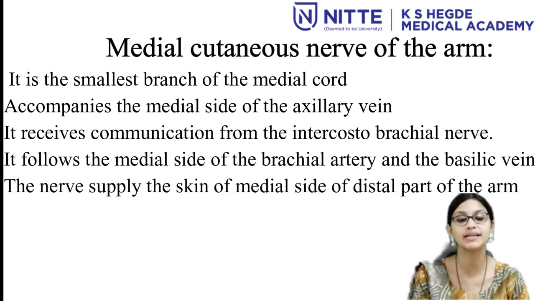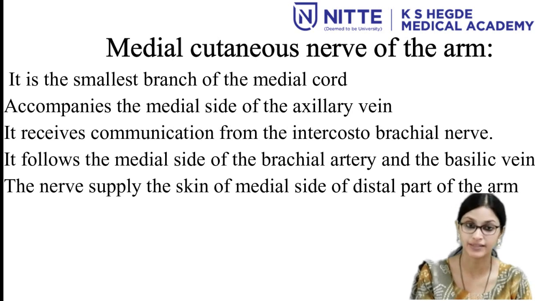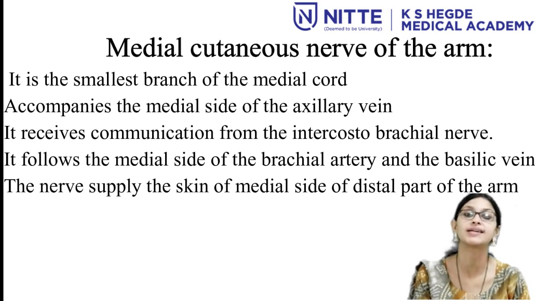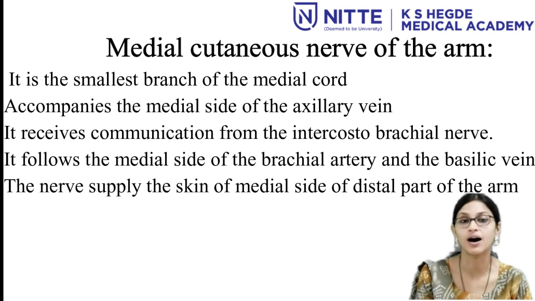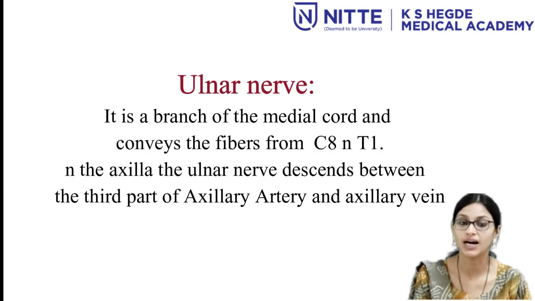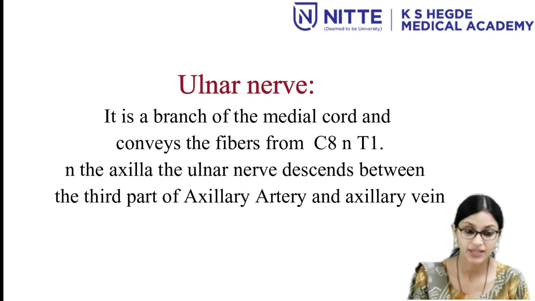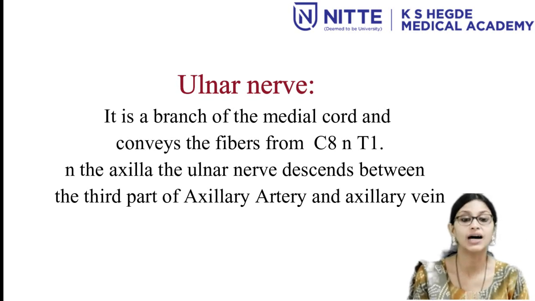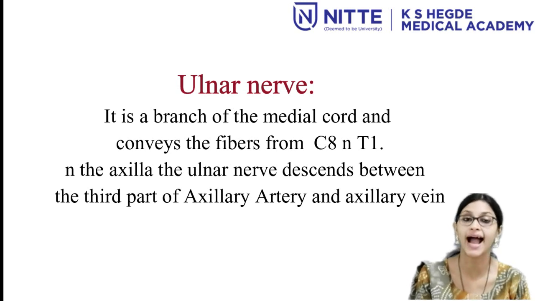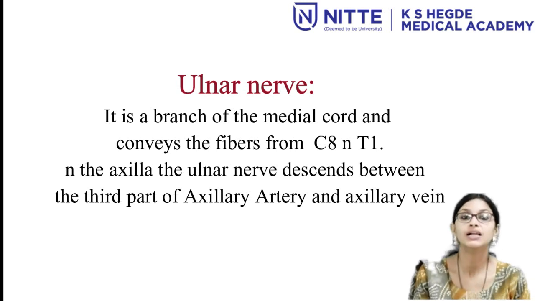It follows the medial side of the brachial artery and the basilic vein, and the nerve supplies the skin of the medial side of the distal part of the arm. Coming to the ulnar nerve, it is a branch of the medial cord and conveys the fibers from C8 and T1. In the axilla, the ulnar nerve descends between the third part of the axillary artery and the axillary vein.